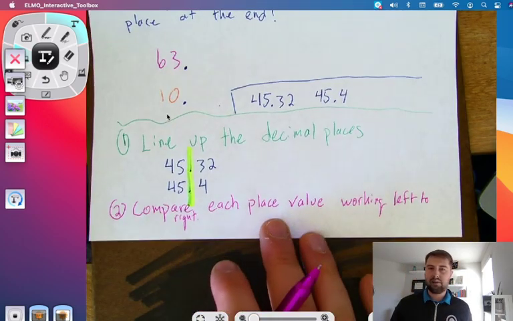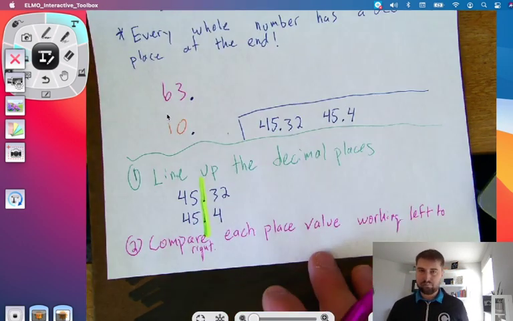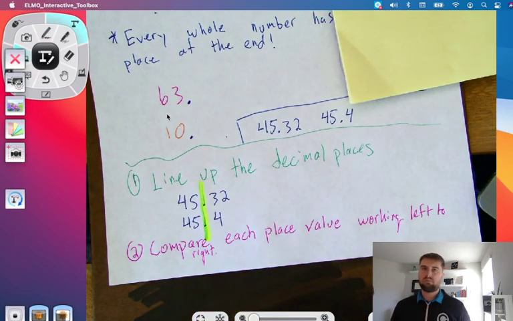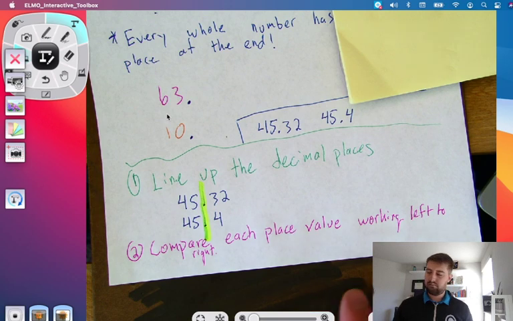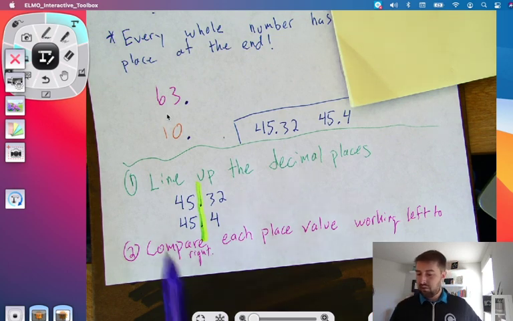I'll slide it up so we can see it all. I'm not in the way. All right, so pause this here if you need some more time to write. But we're going to work from left to right.